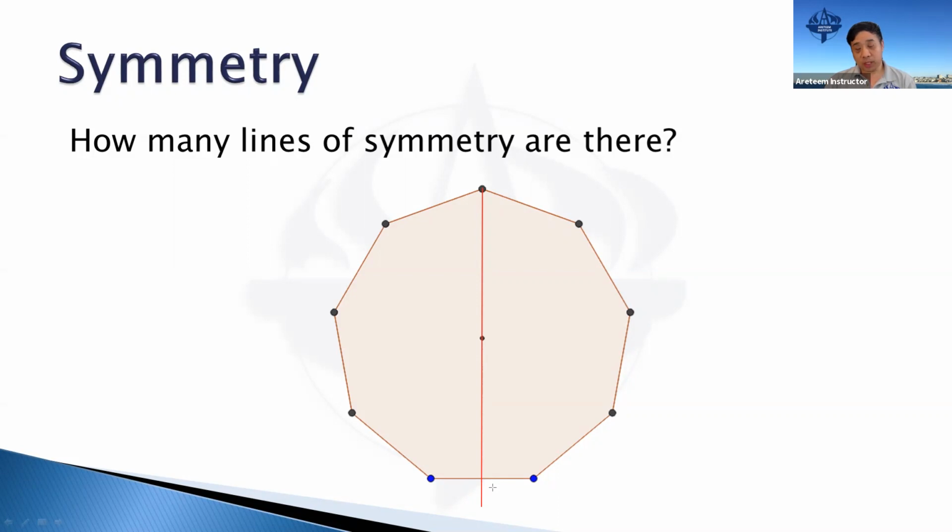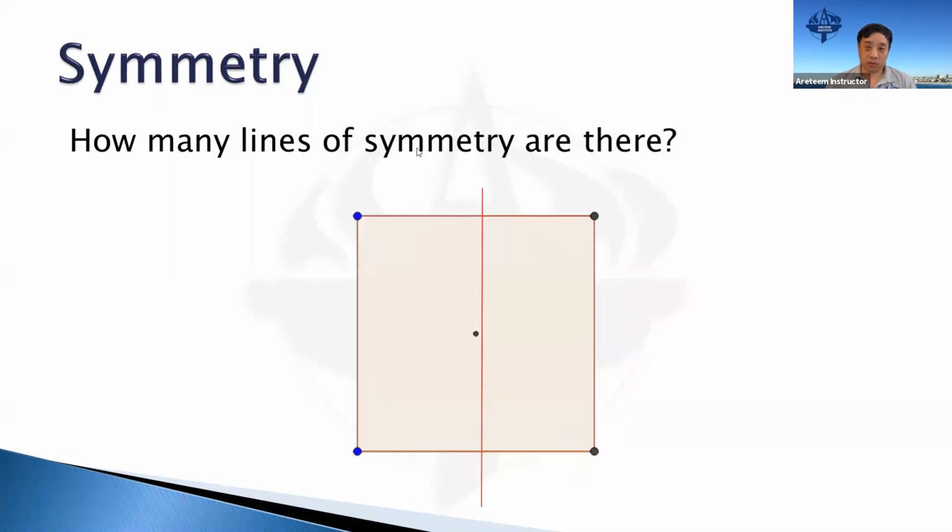So you see that if it's a regular polygon, the number of vertices is the same as the number of lines of symmetry. For an odd number, we just connect the vertex and the center and extend. For even numbers, that's not enough: like the square, if you connect a vertex you get the same line as connecting the opposite vertex.